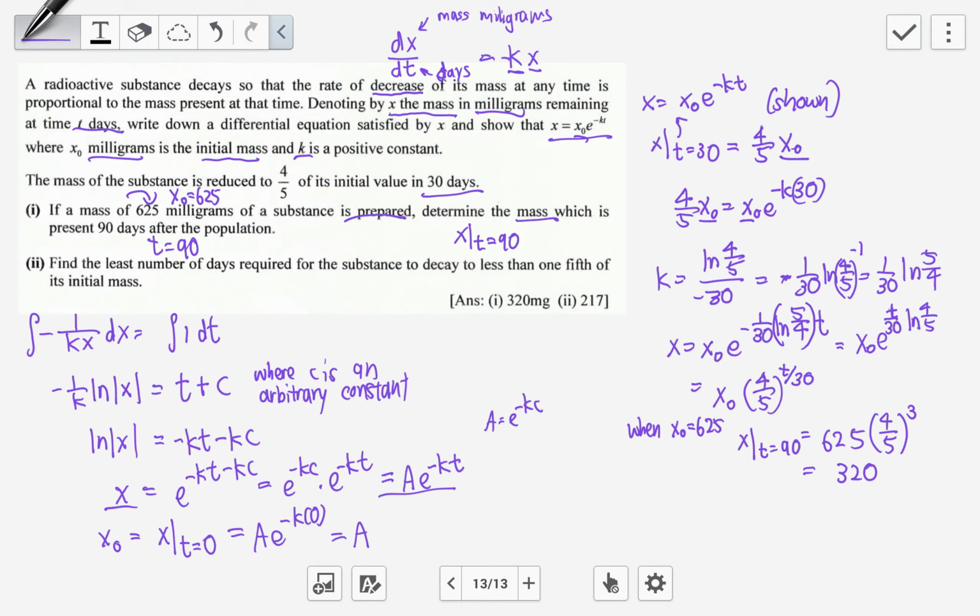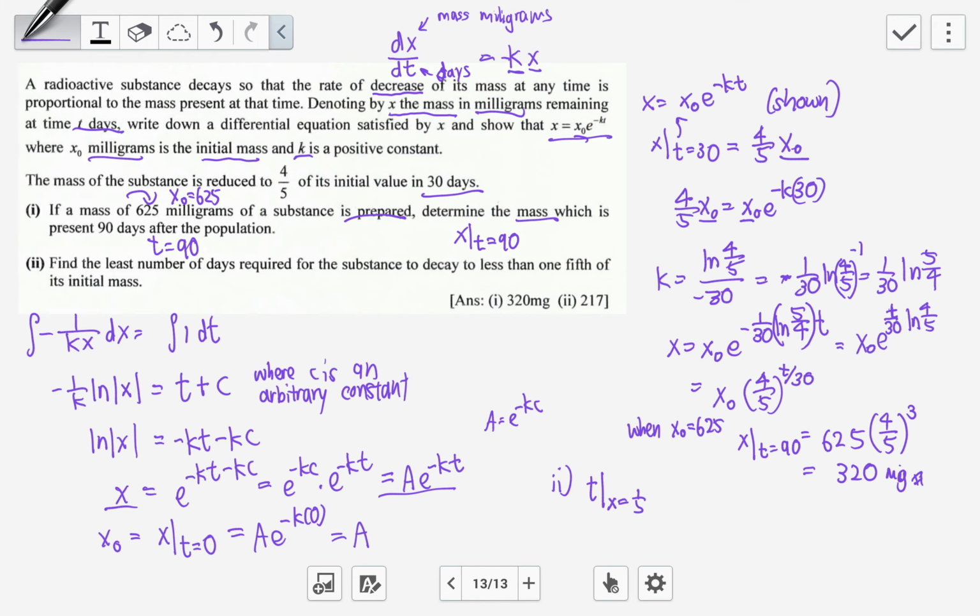So next we have part 2, find the least number of days required for the substance to decay to less than 1/5 of its initial mass. So we want to find t when x equals what?